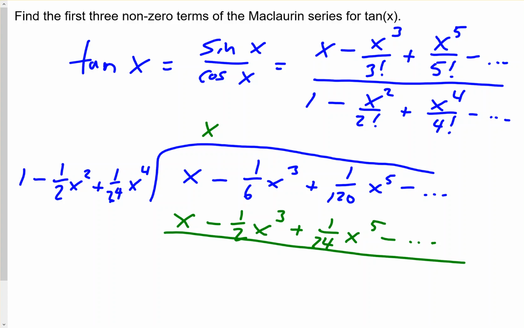Okay, so the x's would cancel. I have negative 1/6 x cubed minus negative 1/2 x cubed. That would give us 1/3 x cubed. And then 1/20th minus 1/24th, that would give us a minus 1/30th x to the 5th.